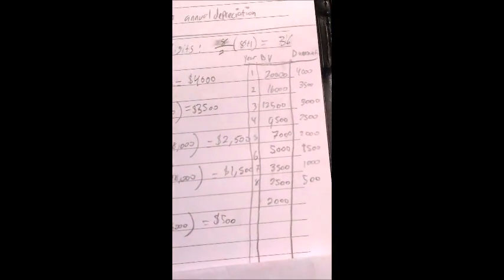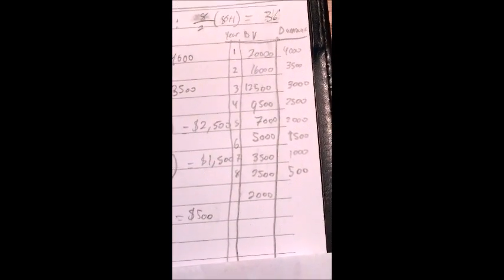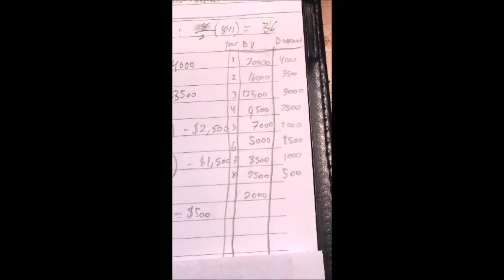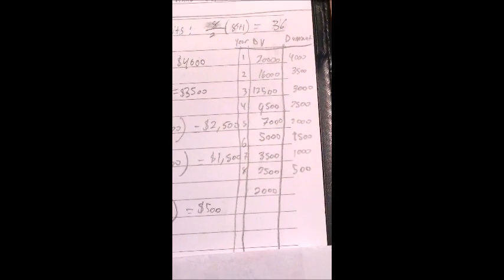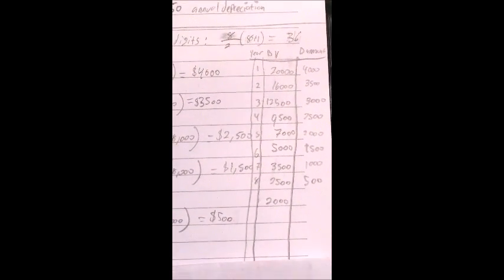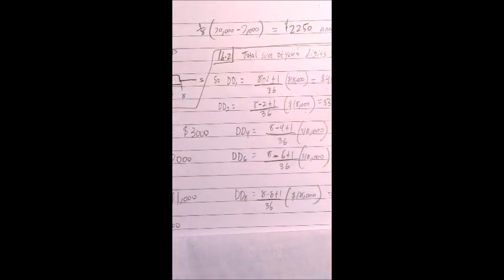So I put that into a table over here. For your book value, every year you start with 20,000 and it goes down by 4,000. Therefore, you have 16,000 next year, and you go down by 3,500, and so on. And that is how you use the total sum of years digits equation to calculate out depreciation.